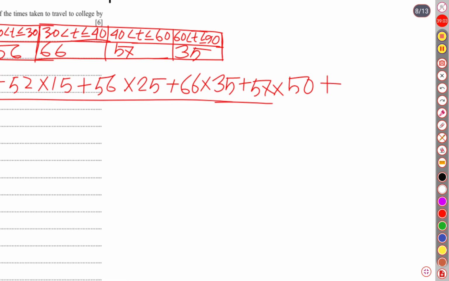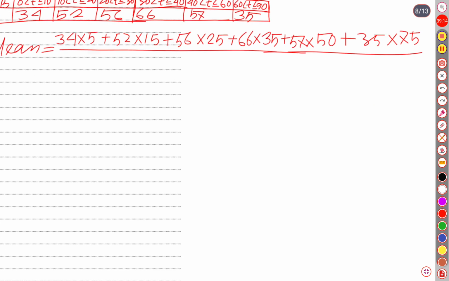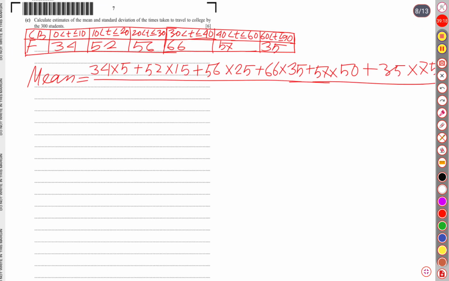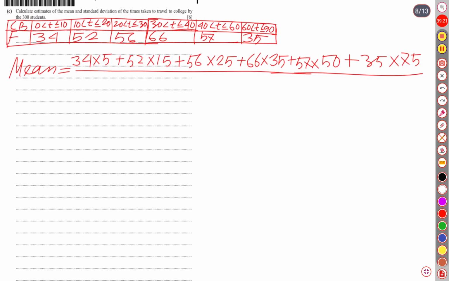Then the final frequency is 35, which will be multiplied by midpoint 75, that's all. And the total number of students is 300. So let us write here 300.